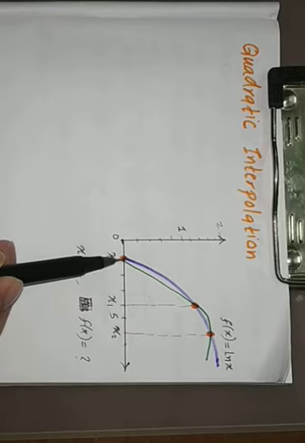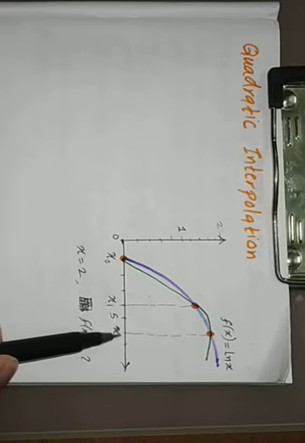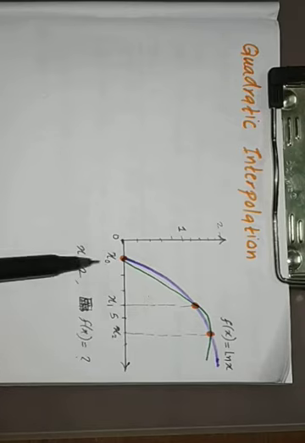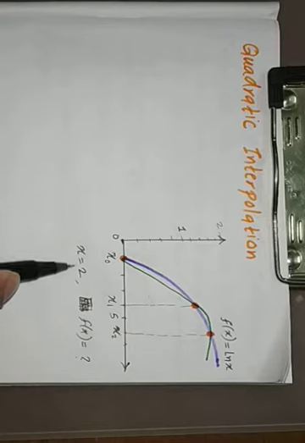So here x0 is equal to 1, and x1 is equal to 4, this value is 5, x2 is equal to 6. So at these 3 points the value of f of x is given, say. So how to find out this x is equal to 2?